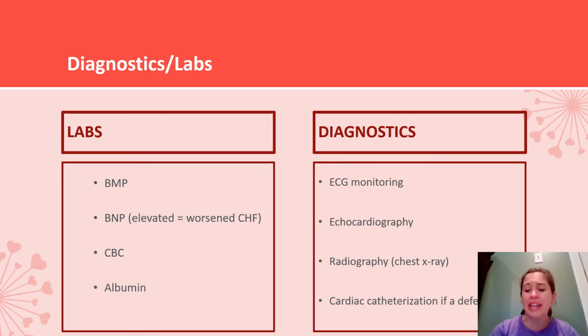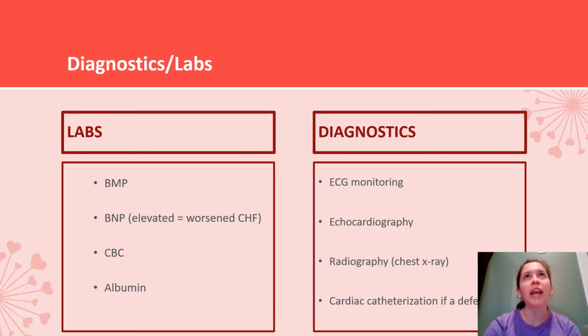We also would get a BNP, which is brain natriuretic peptide, which is a lab that tells us how hard the heart is working in terms of working against fluid. So the higher the BNP level, the worse that they have fluid on their heart, or the worse their congestive heart failure is.